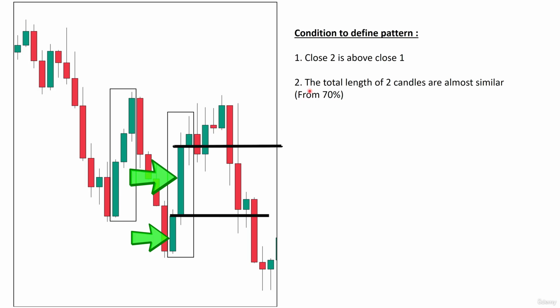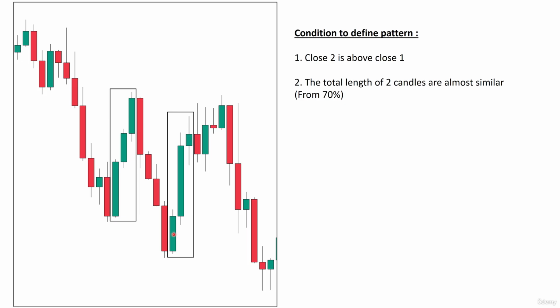Therefore, we can come to the second standard to continue judging this case. The total length of the second candle is from 70% of the first candle, and you can see by naked eyes that the total length of the second candle is a lot bigger compared to the first candle. Therefore, when we just see the first two candles, this is a valid pullback pattern.